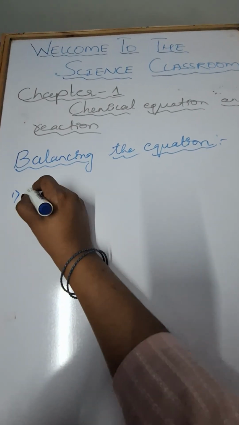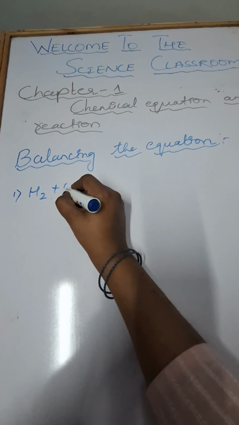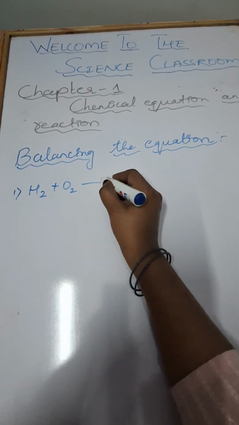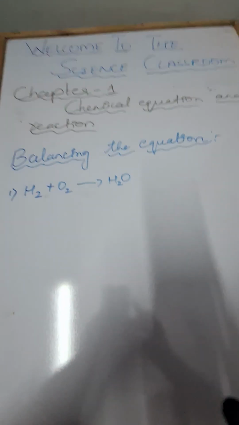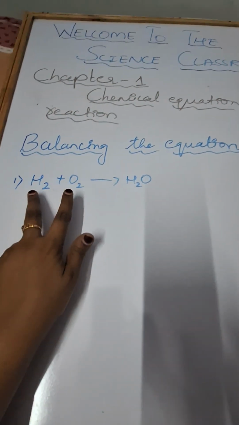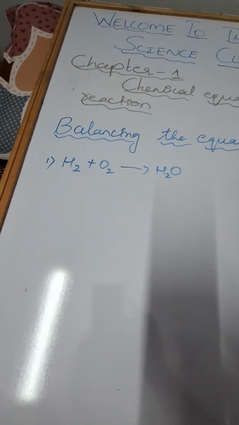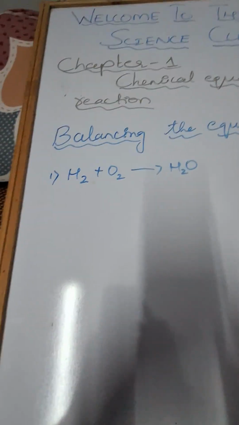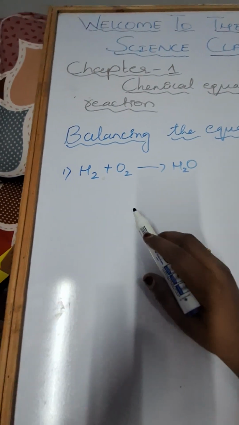First we have one equation, hydrogen plus oxygen gives you water, H2O. Now in this, these two are reactants and one is the product. So as you can see, LHS and RHS.